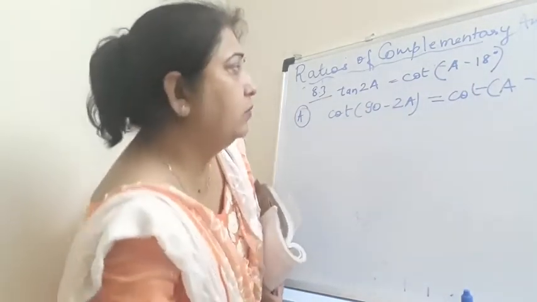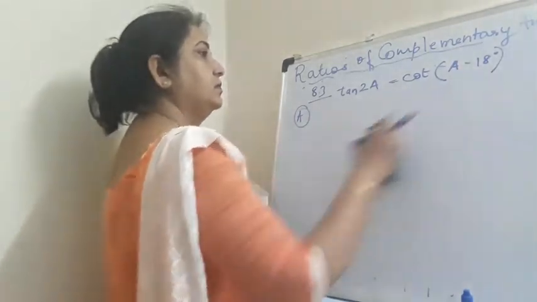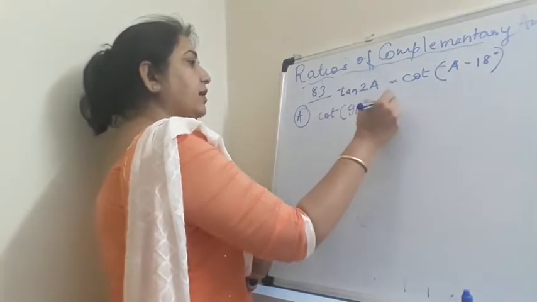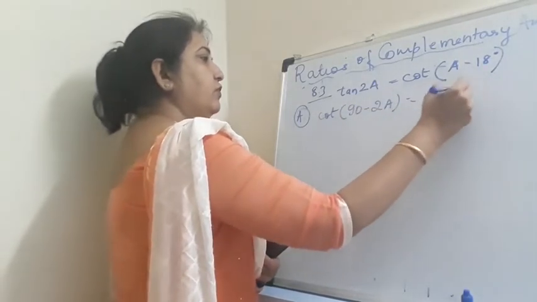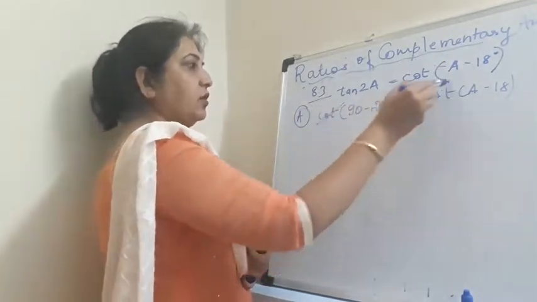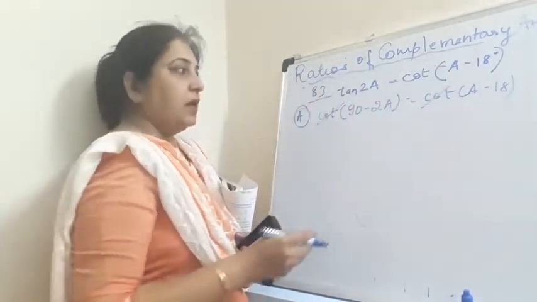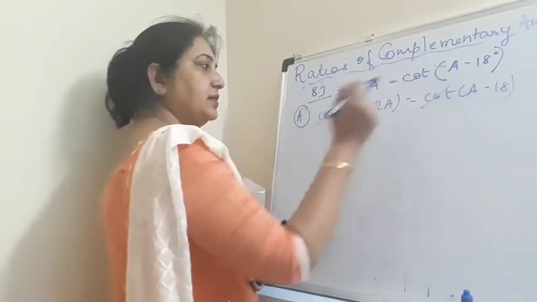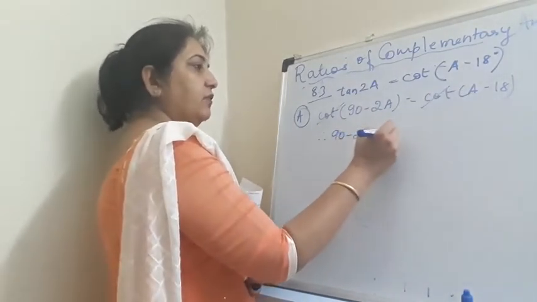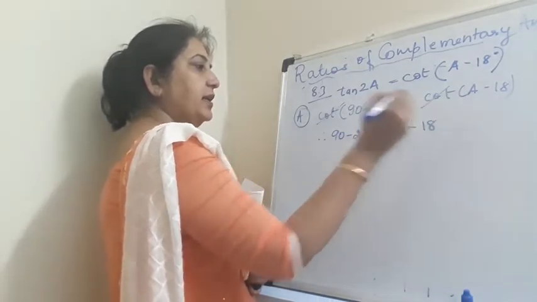So cot 90 minus 2a is equal to cot of a minus 18. Now cot and cot I can cancel. Now I will equate this and this. So therefore 90 minus 2a will be equal to a minus 18.